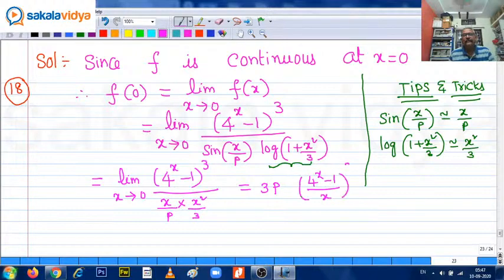Again one basic fact to remember: limit x tends to 0, a power x minus 1 by x is log a to the base e.